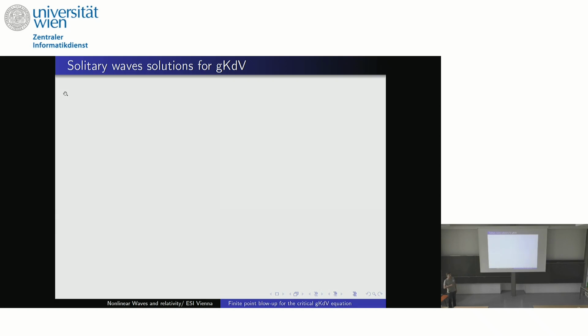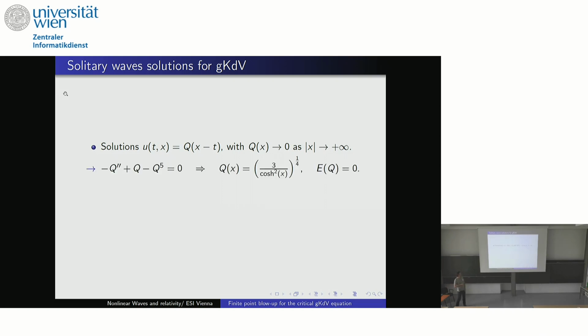Okay, but now coming back to the classical facts of this equation, in the dynamics you have very important special solutions, which are the solitary waves. There are solutions moving to the right, and here I'll call Q the one with speed 1. I want them to be localized, so going to 0 at infinity.